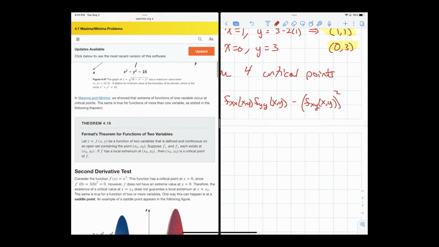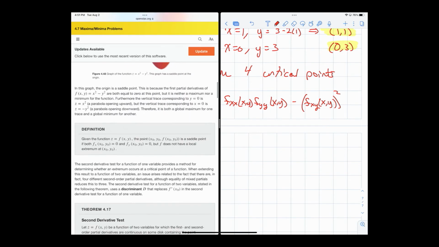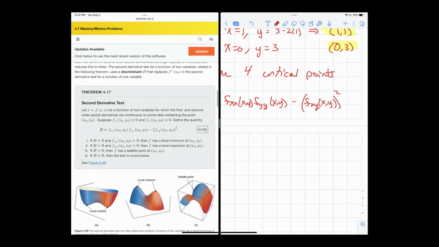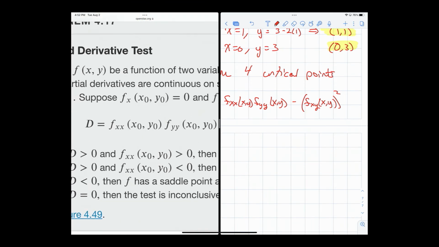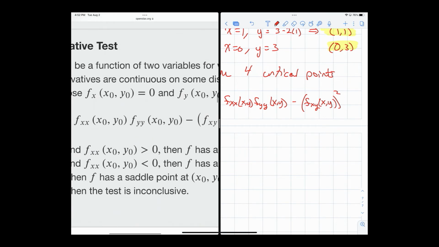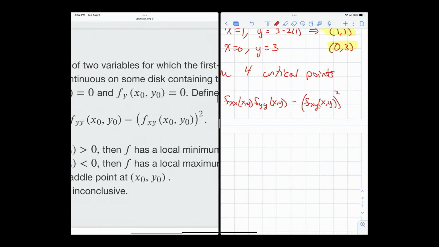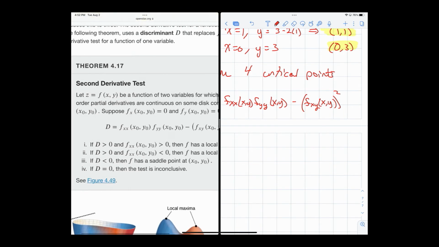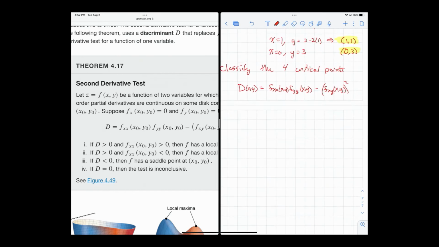Critical point, blah, blah, blah. Second derivative test, that's what we are doing. And here it is, right? So fxx at the point, fyy at the point, minus fxy squared at the point. And then there's a way to classify it there, right? So again, we need to do this for all of them.